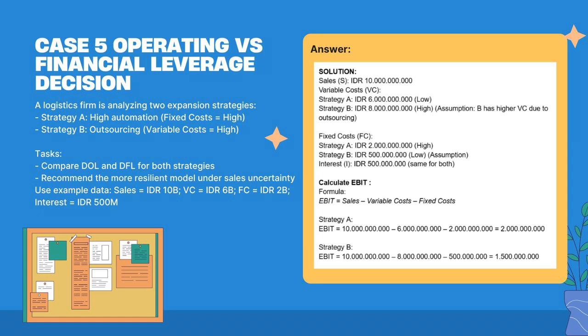So first we calculate EBIT, formula: sales minus variable cost minus fixed cost. Strategy A, EBIT is 10 billion minus 6 billion minus 2 billion equals 2 billion. Strategy B, EBIT is 10 billion minus 8 billion minus 500 million equals 1.500 billion.